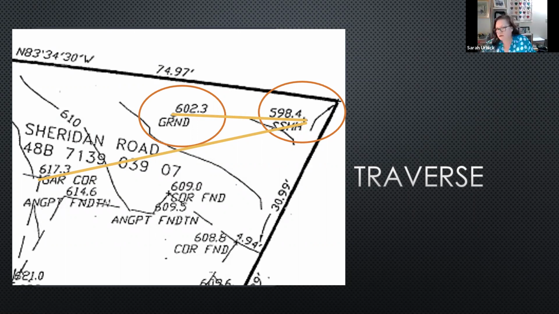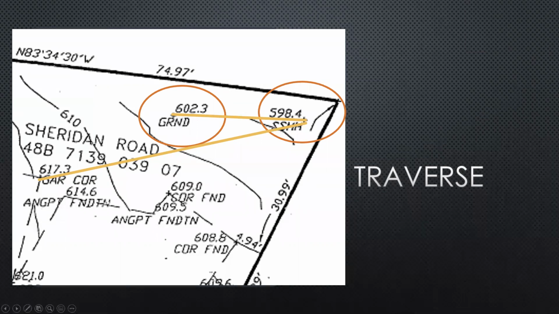Okay. Anybody else? I don't exactly know how the total stations work, but I would expect them to be able to measure the horizontal distances actually, but I'm not sure. Okay. So horizontal distance.